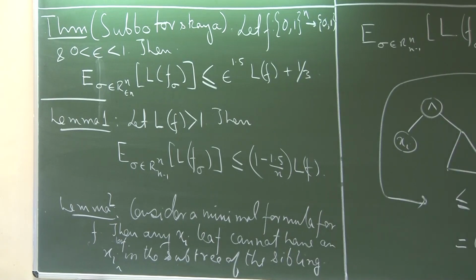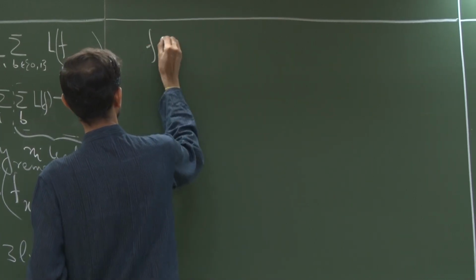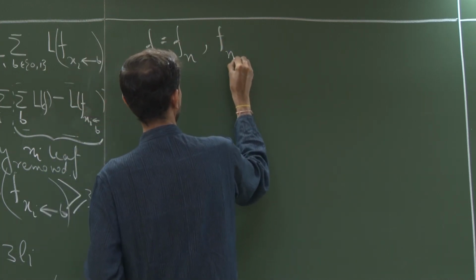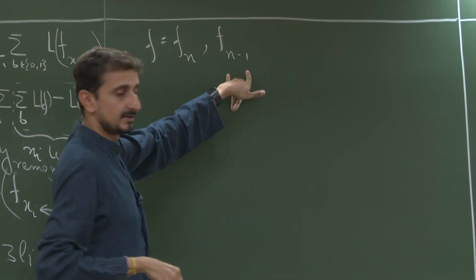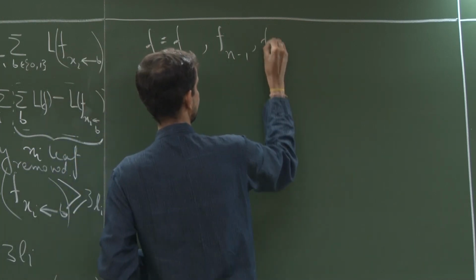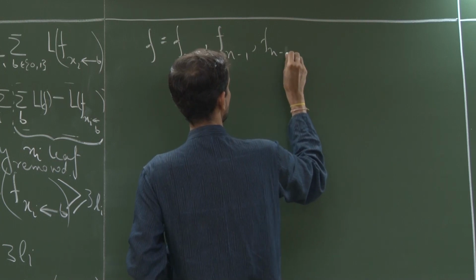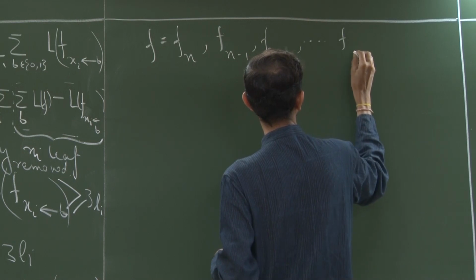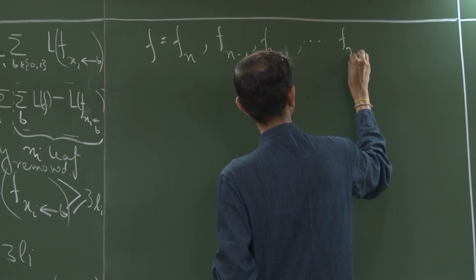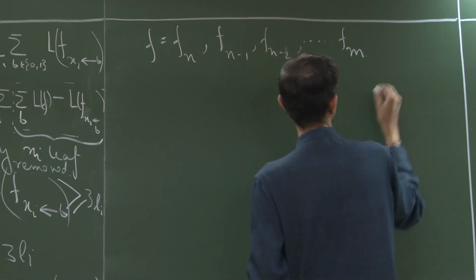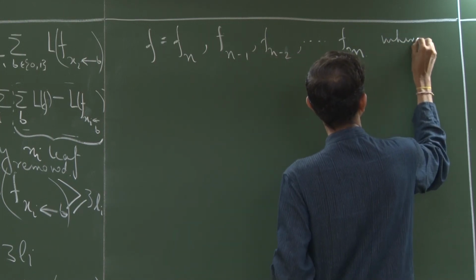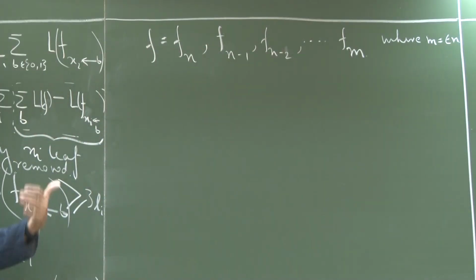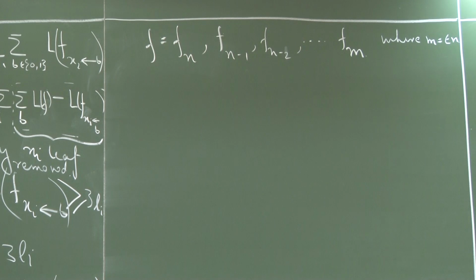Suppose I have f, let me call it f of n, and then I have f of n minus 1 that I get by restricting one variable, then I have f of n minus 2, and so on, until f of m, where m equals epsilon n. So this is my sequence of functions that I get by restricting a variable at each step.